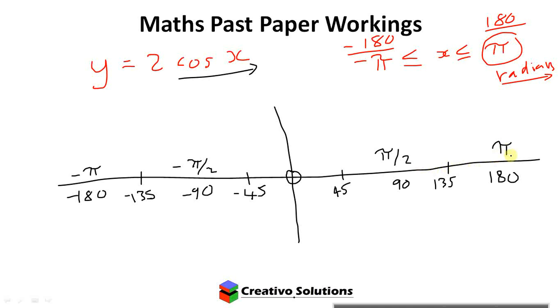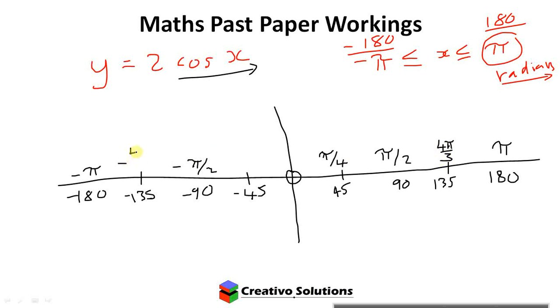In terms of a radian, can I get your calculator quickly just to work out what the relationship is? So 180 over 45 is 4, so this will be a quarter. This will be pi over 4, and 135, so 180 divided by 135 is 4 over 3, so this will be 4 pi over 3.